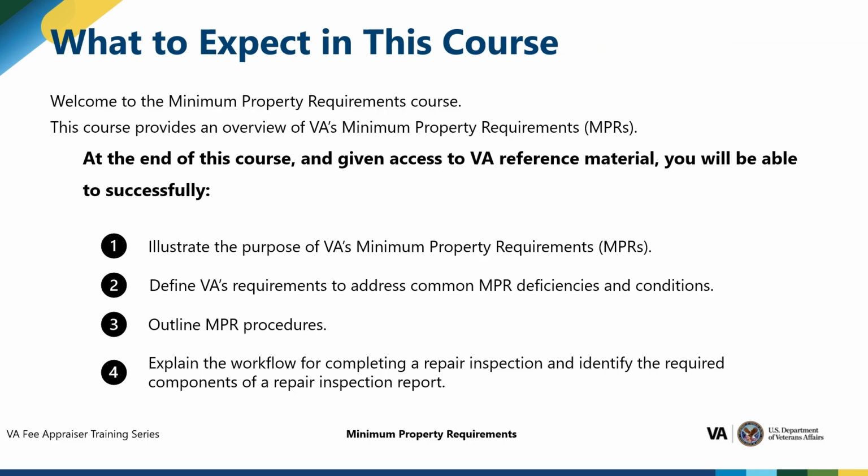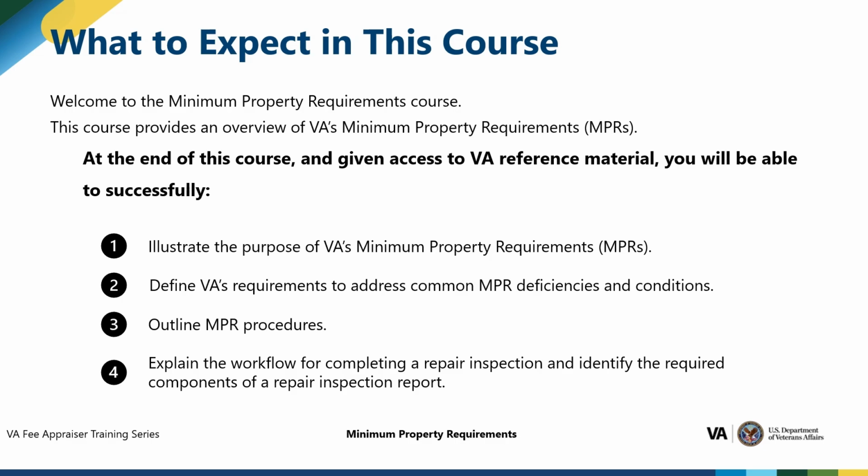Welcome to the Minimum Property Requirements course. This course provides an in-depth review of VA's minimum property requirements, commonly referred to as MPRs. At the end of this course, and given access to VA reference material, you will be able to successfully: 1.